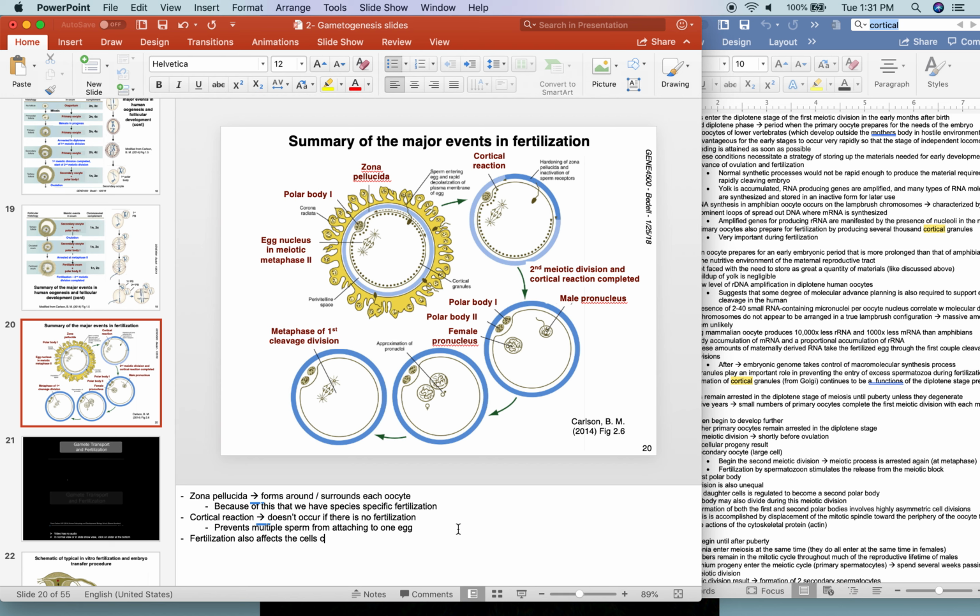Okay, so there's a male pronucleus, there's both the polar bodies, there's the female pronucleus, and then you don't see it here, but the two pronuclei will fuse, and you get that first metaphase, and then mitosis occurs.